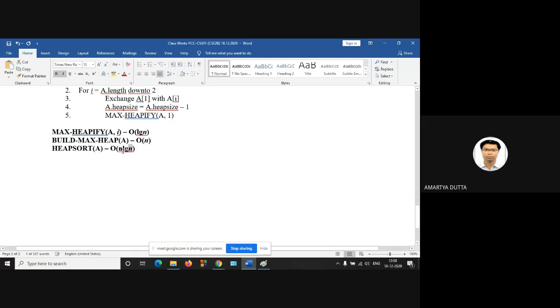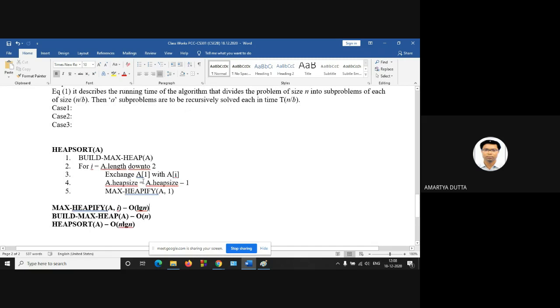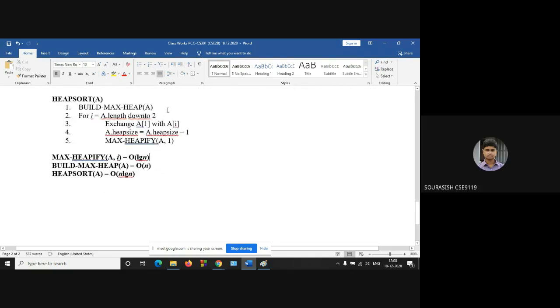Why n lg n? Any idea? Because we are calling lg n, n times. For this line, the complexity is order of n. For exchanging, the complexity is order of 1.